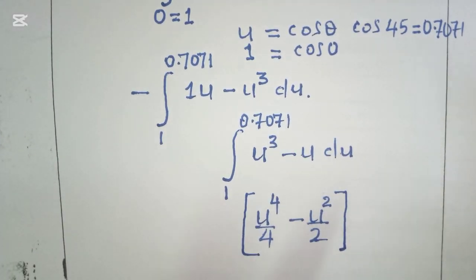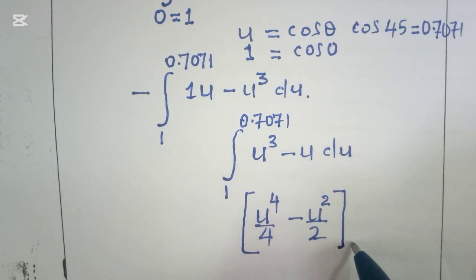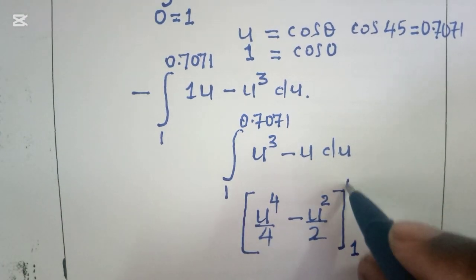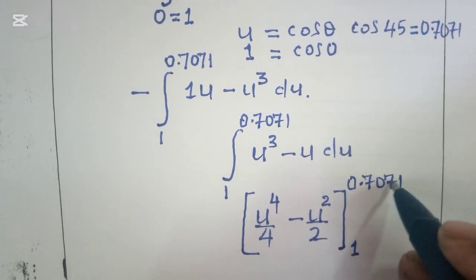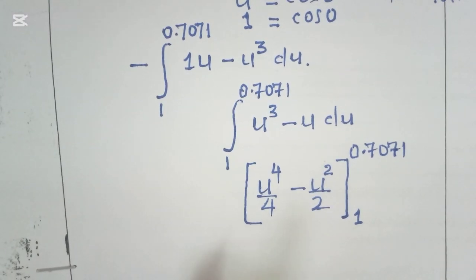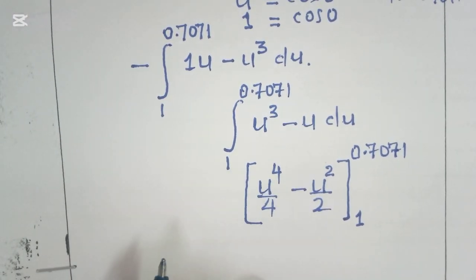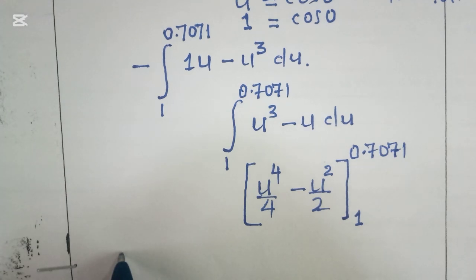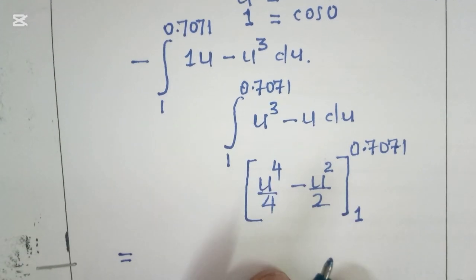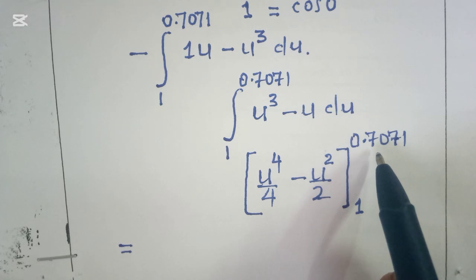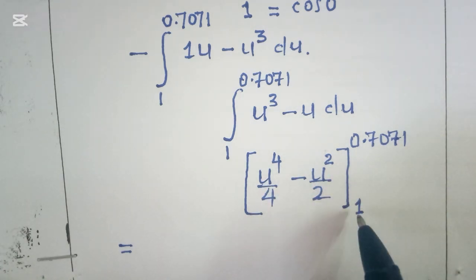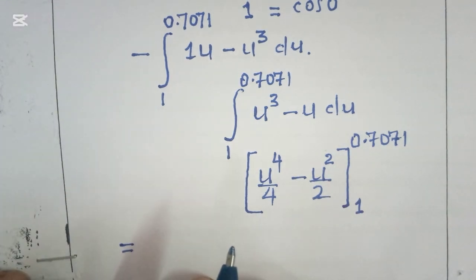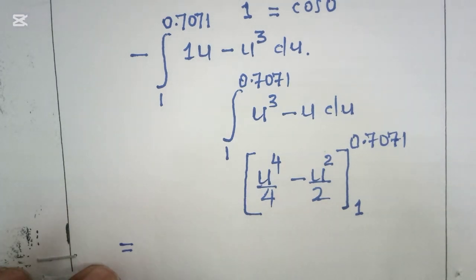We now come, guys, and put our limits. Up here we have 1. Here we have 0.7071, like that. So now we can replace our limits in this equation. First of all we place 0.7071 here, and then minus, we replace with 1. So let's start off with 0.7071.